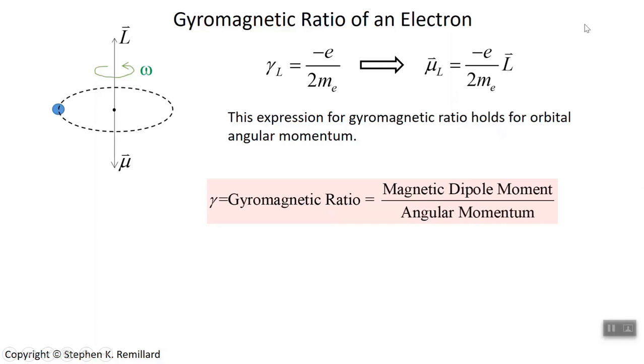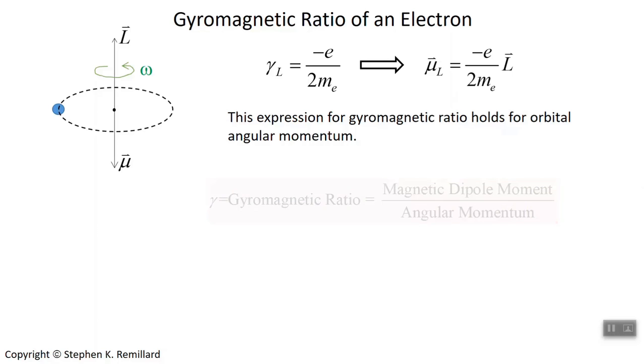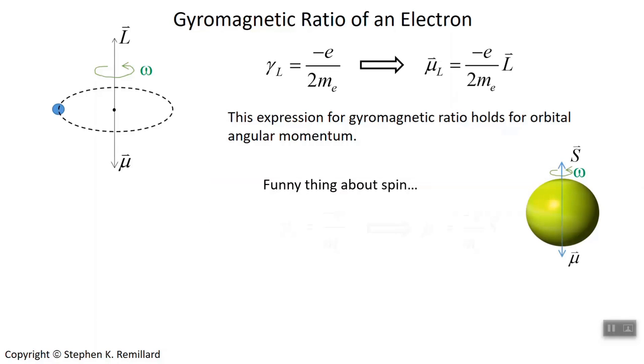I put the subscript L's on everything, including the gamma for gyromagnetic ratio, to indicate I'm talking about orbital angular momentum. So this is the orbital angular momentum gyromagnetic ratio of an electron, as opposed to the spin gyromagnetic ratio of an electron, because spin is also angular momentum.